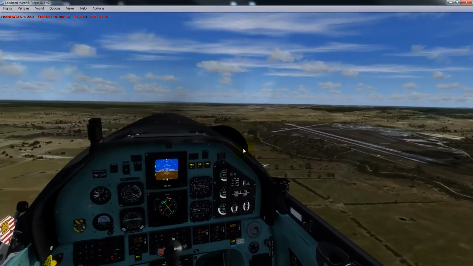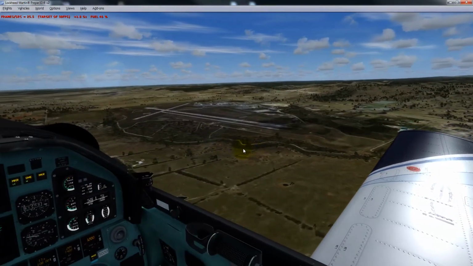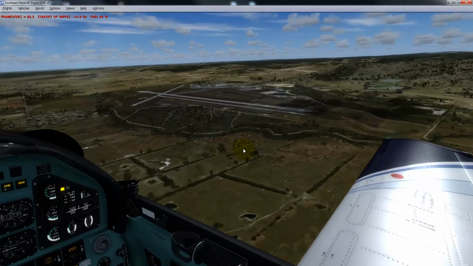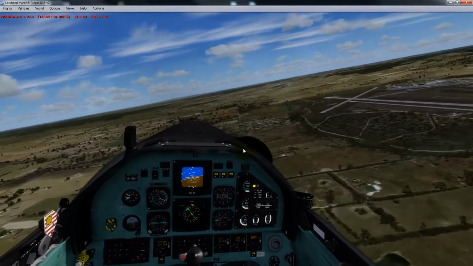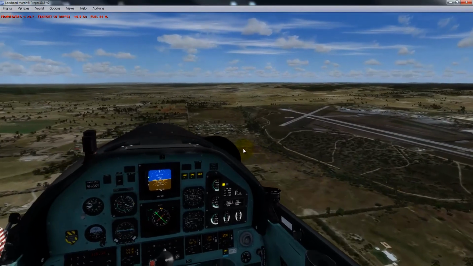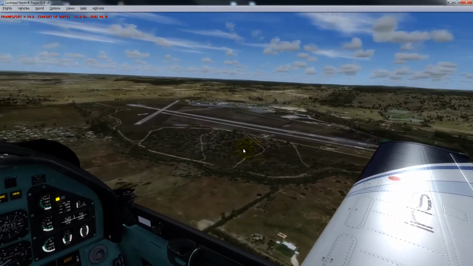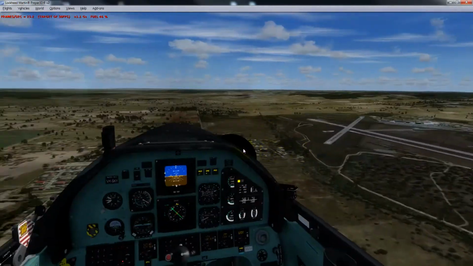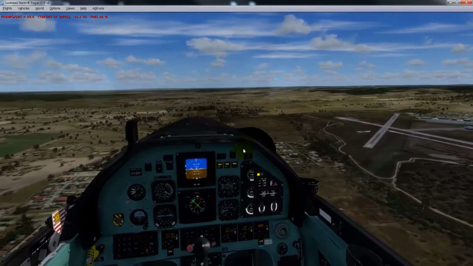And there we go. If you look this time, the picture's a lot closer to what it should be. We're tighter in on the runway. Still not perfect, I'm still out a little bit. But nowhere near what I was on the first circuit.